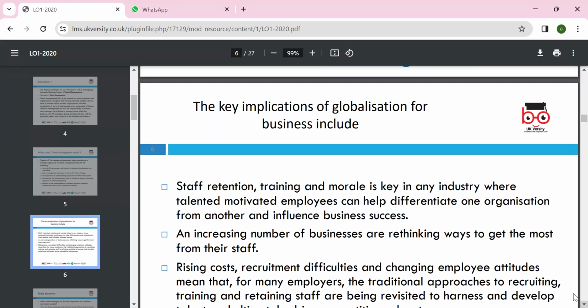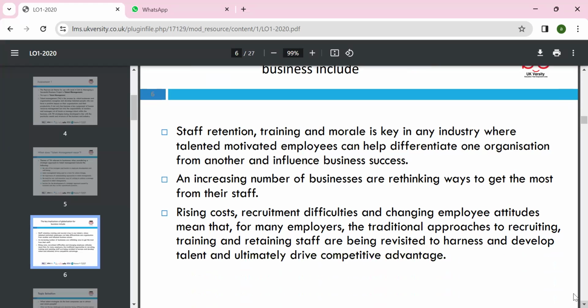So an increasing number of businesses are rethinking the ways to get the most from their staff. Rising costs, recruitment difficulties, and changing employee attitudes mean that for many employers, traditional approaches to recruiting, training and retaining staff are being revisited.